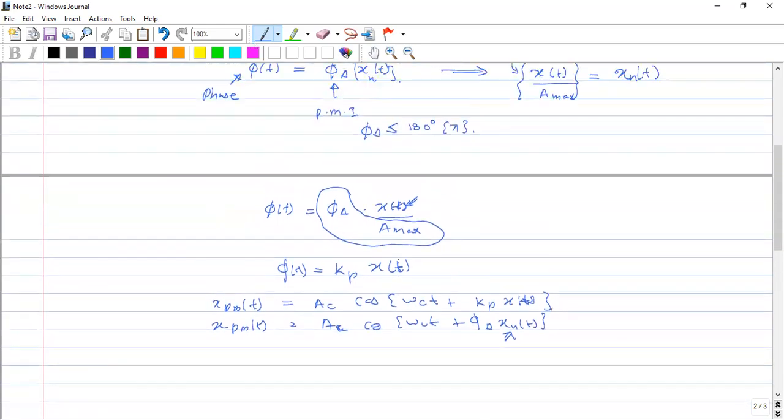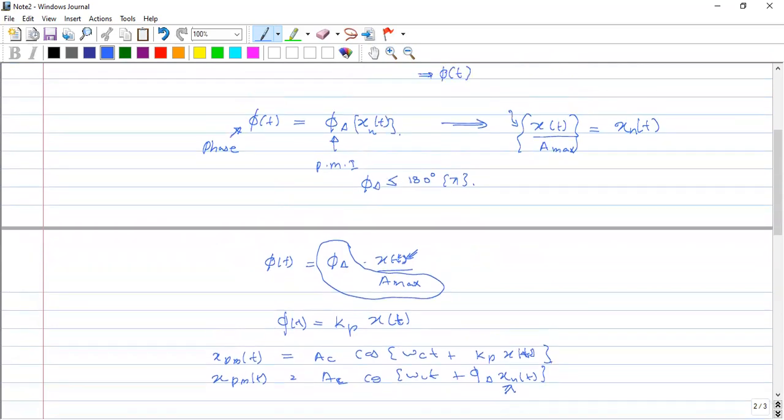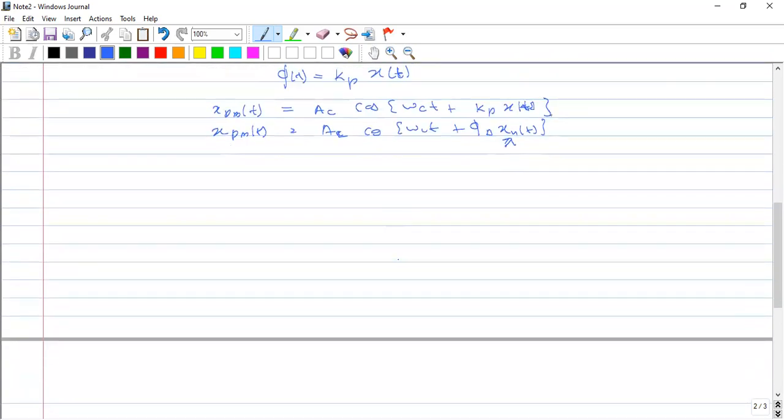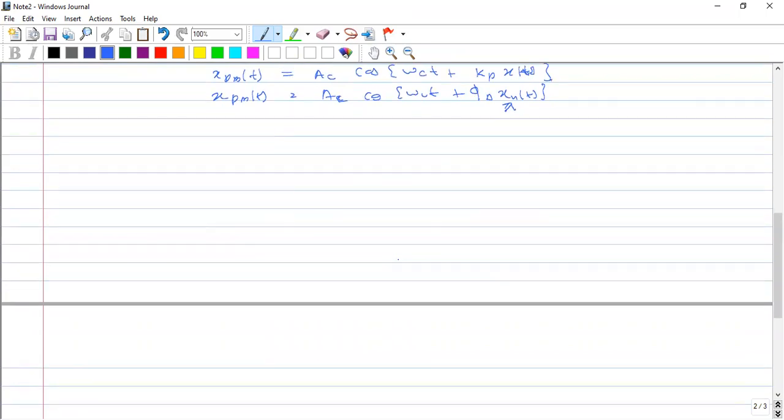So these are the basic things. Now let's consider one specific time, t1. At t1, you can see this is the angle of the complete signal.